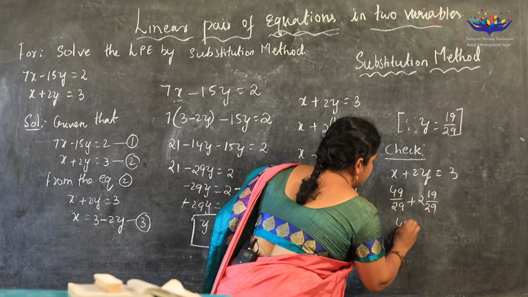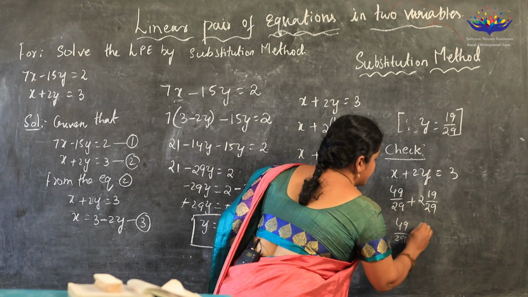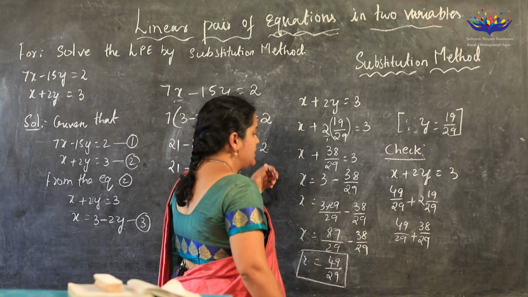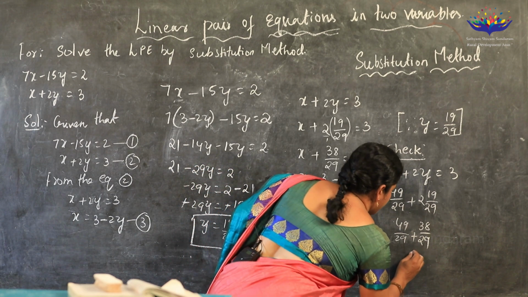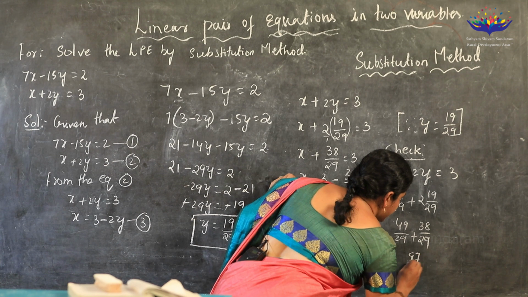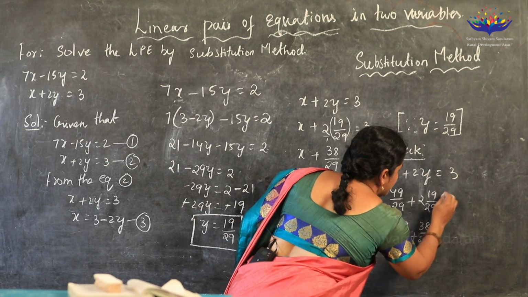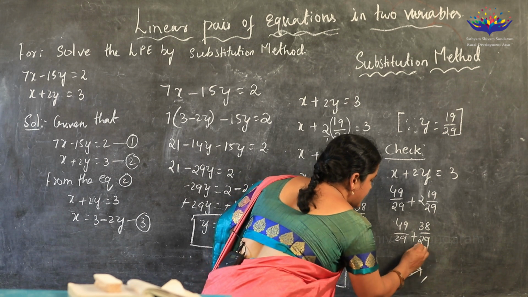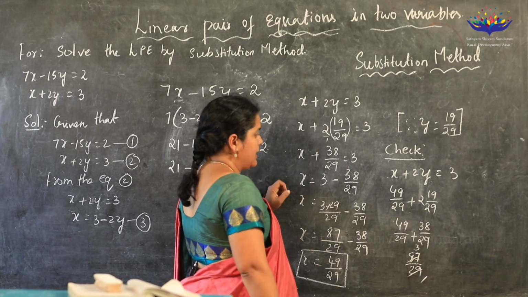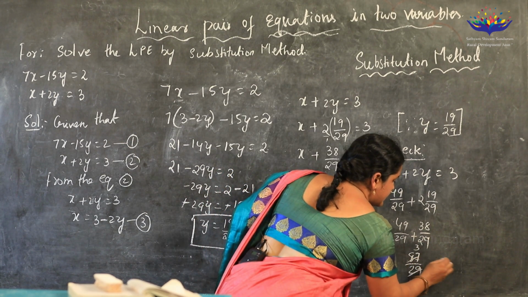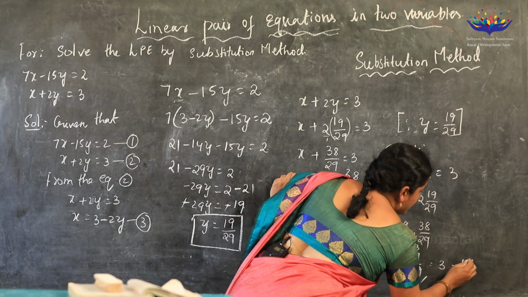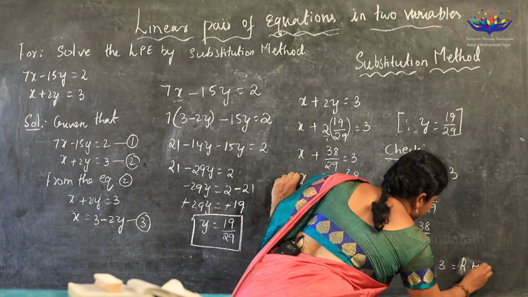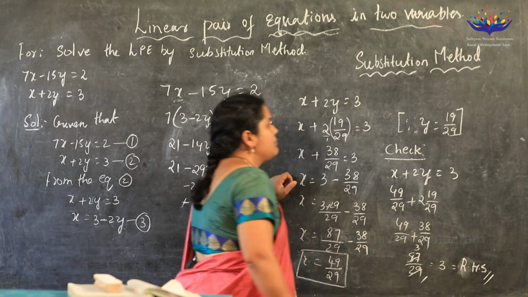So 49 by 29 plus 19 twos are 38 by 29. So you will get 87 by 29. When you cancel this, 29 ones are 29, 29 threes are 87. So you will get 3, that is equal to RHS. So now we got the solution.